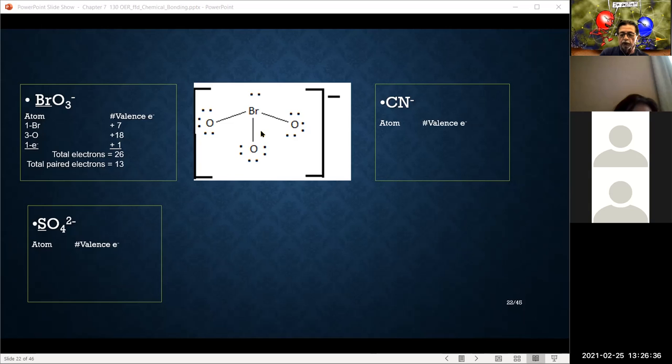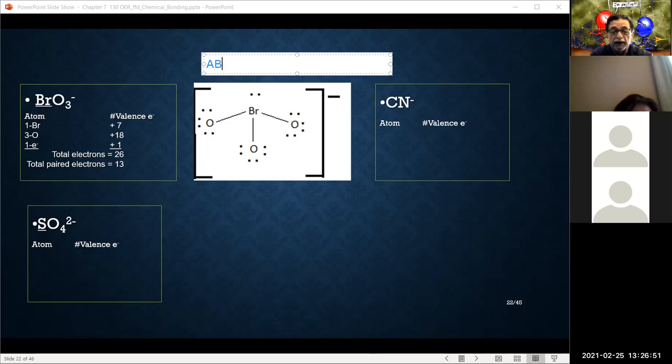The general formula is AB3E. A, B3 because there are 3 oxygens, and E because there is a lone pair on the central atom.